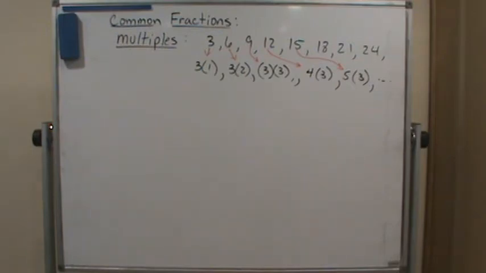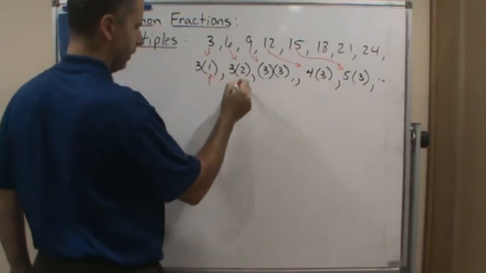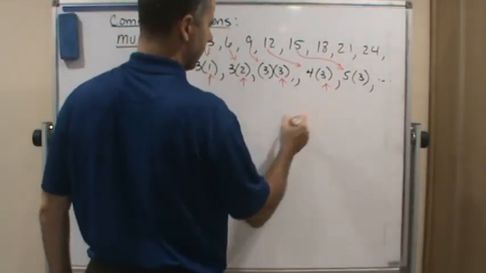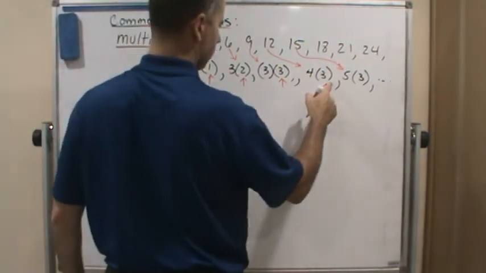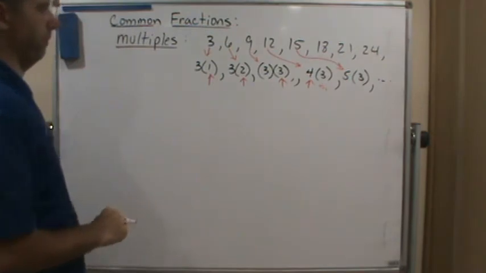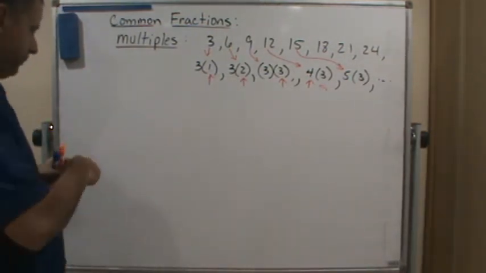So a multiple of a number is the product of that number and a natural number. Notice that's what we have here. We've got natural numbers, right? So what is a multiple?